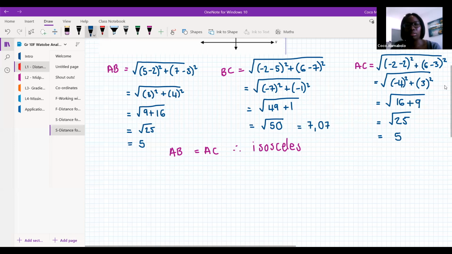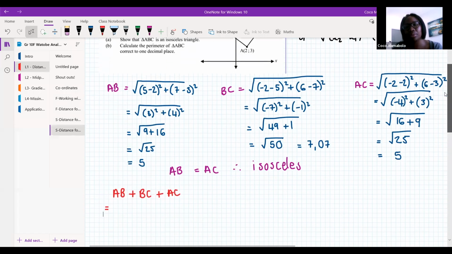Now, perimeter is square root 25 plus square. No, we don't need to use the square roots, Ethan. We're just going to take all the numbers and add them together, just like Georgia says. So we're going to take side AB plus side BC plus side AC. And how much are we going to get for the perimeter? Because it does say, calculate the perimeter correct to 1 decimal place.